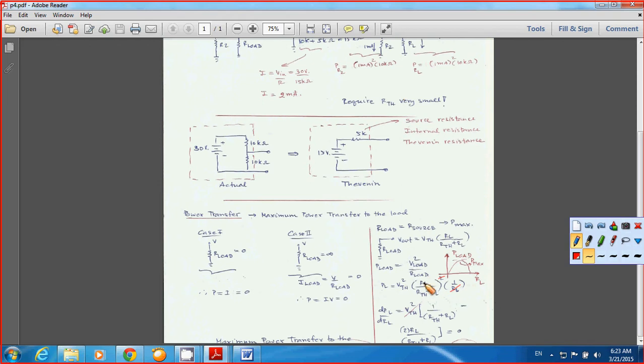And then you have RL over (RTH plus RL) to the power of 2. First you differentiate this one, so you have this one left, squared, and minus, keep this RL the same, and you differentiate this one, so it becomes negative 2, and then RTH over RL to the power of 3. Okay, you can work this one out, and then you can prove that RTH equals RL.